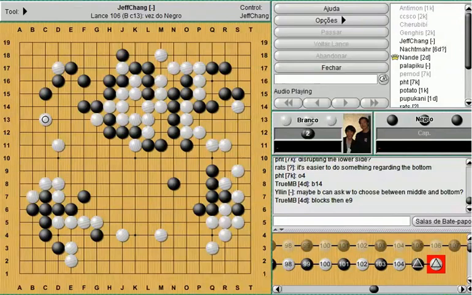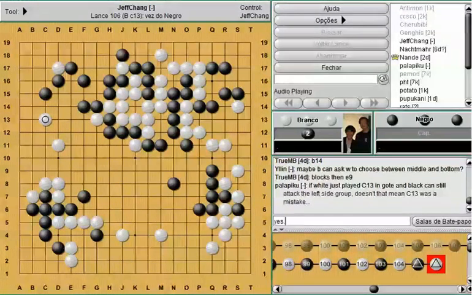So you just want to play B11 to benefit a bit on the left. I'm sorry, I don't understand this question.